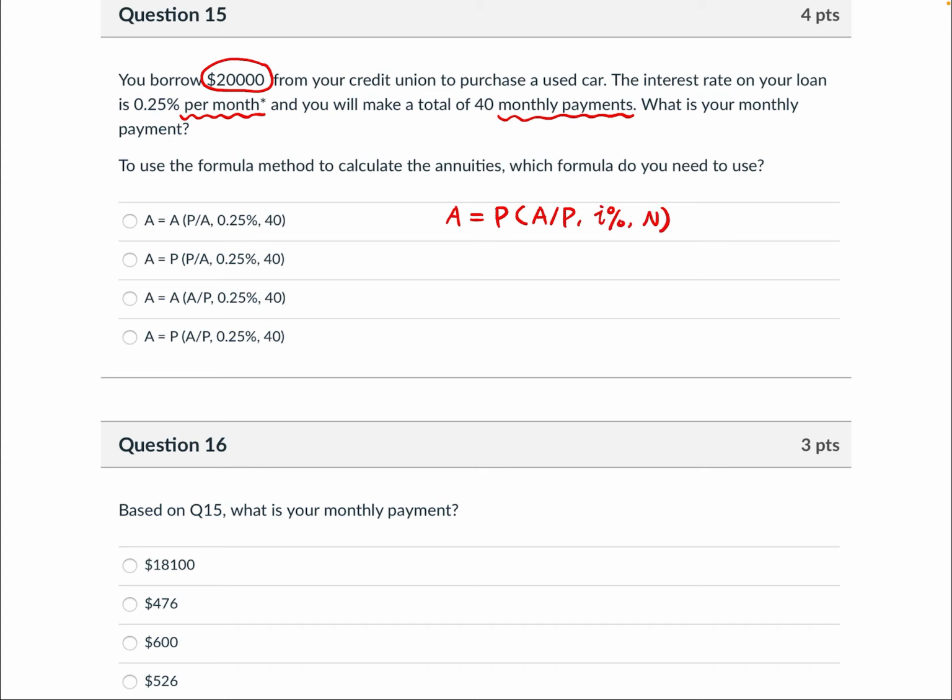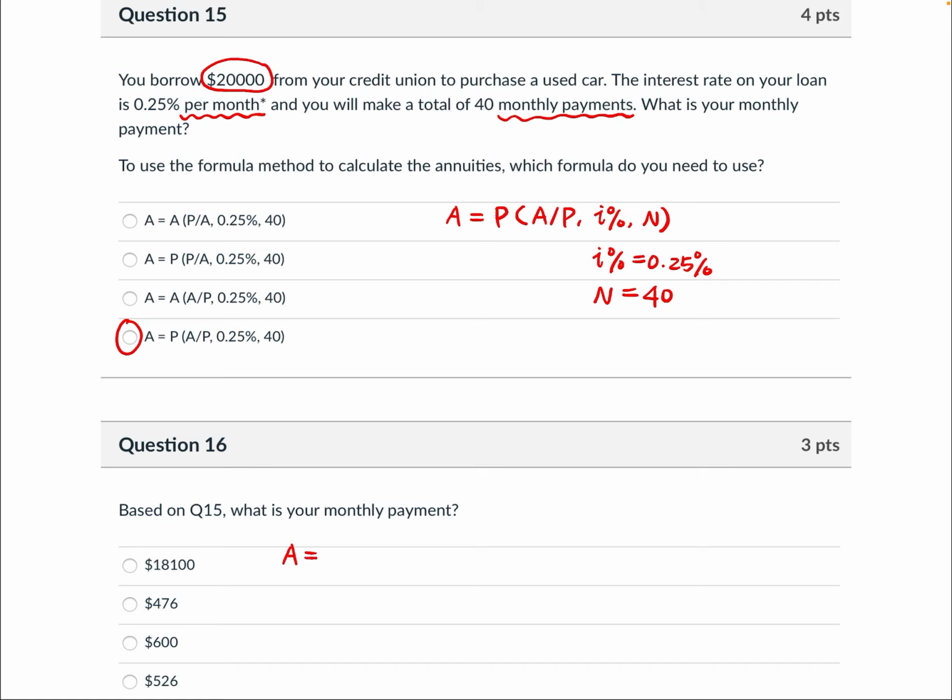Okay, and I, because it's already told per month, 0.25% is going to be your i. And N is number of months, so it's 40 months. So it's going to be P times A slash P, 0.25% and 40. So you just need to substitute the letters with the numbers.